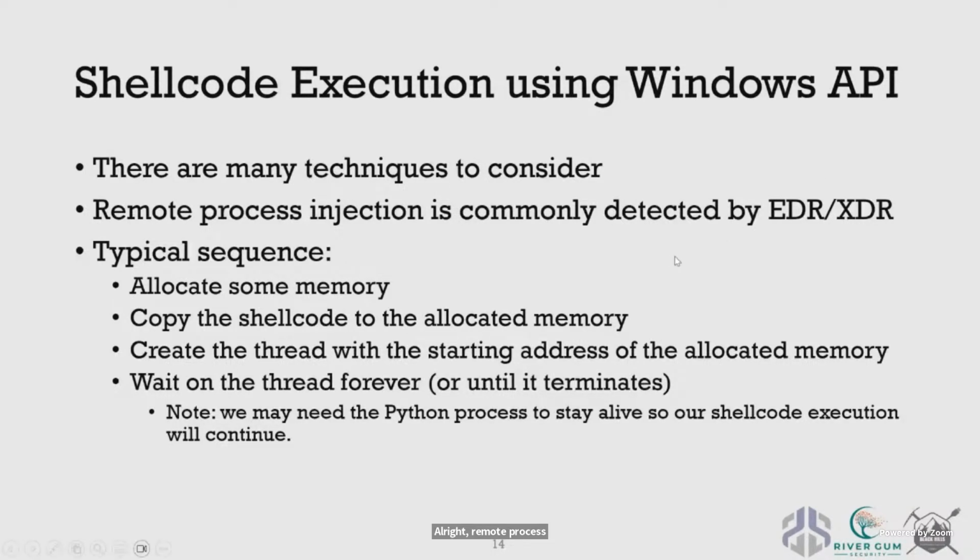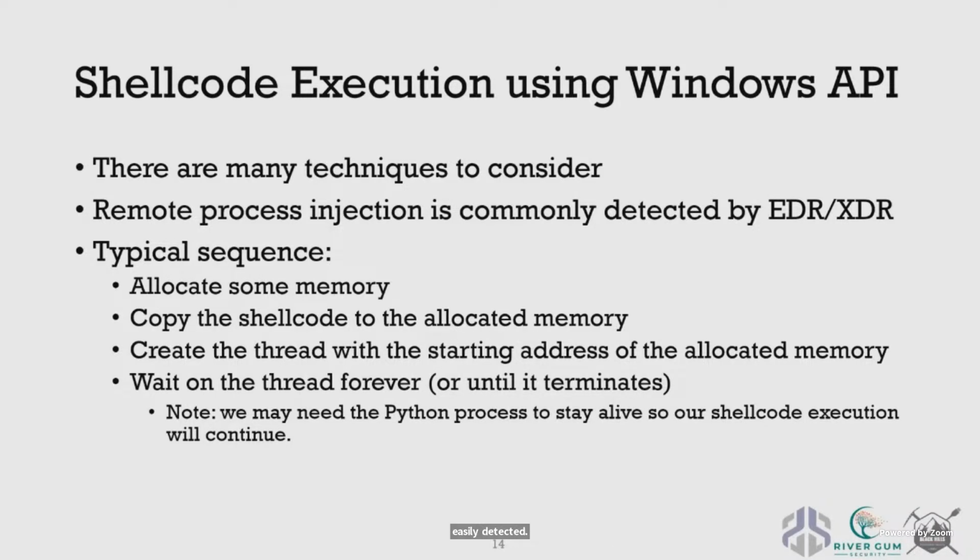Remote process injection is something that people have used in the past, still use in the present, but it is in fact quite dangerous in the world of EDR and XDR because the combination of kernel callbacks and event tracing for Windows acts as an instrumentation source for the EDR and XDRs, and remote process injection is going to be quite easily detected these days by EDRs and XDRs.